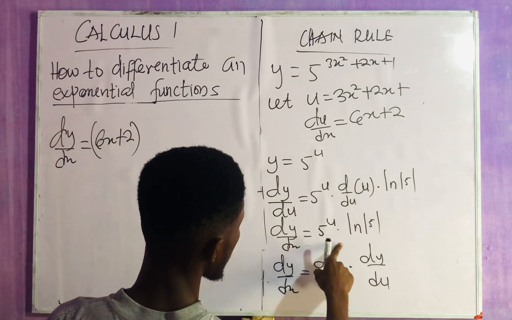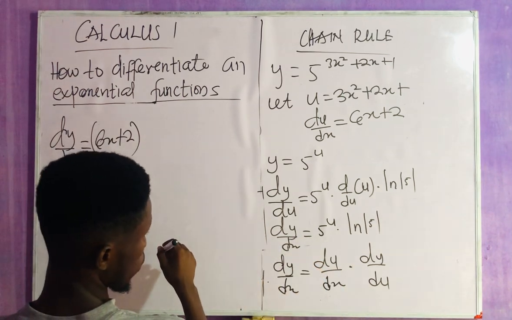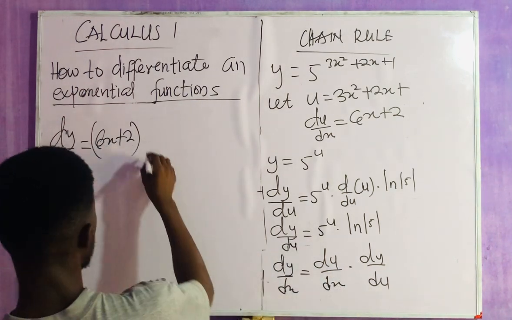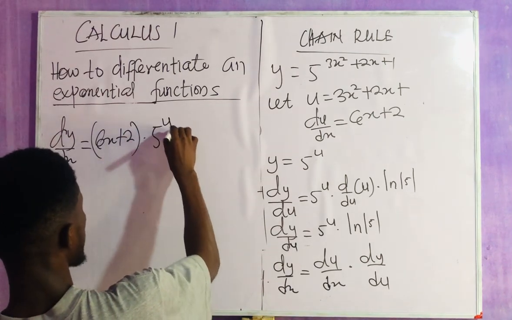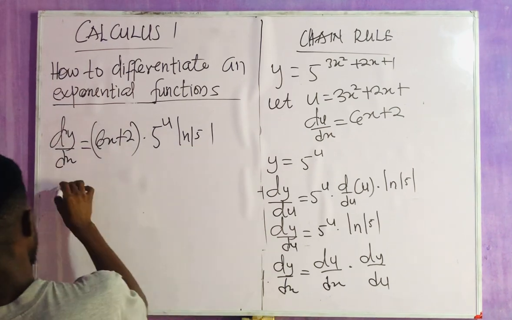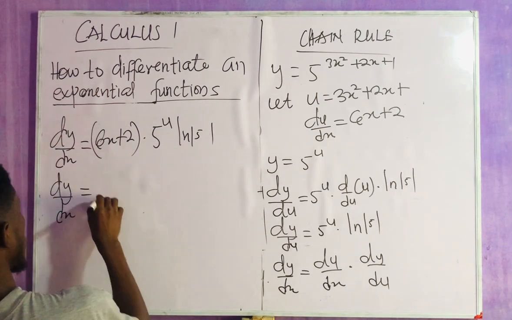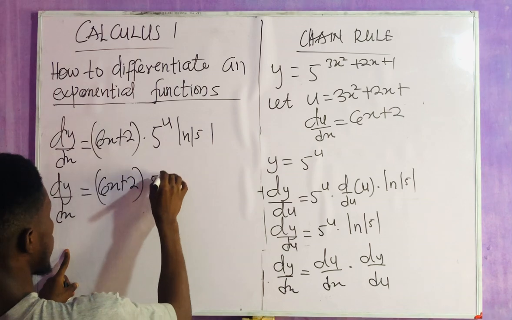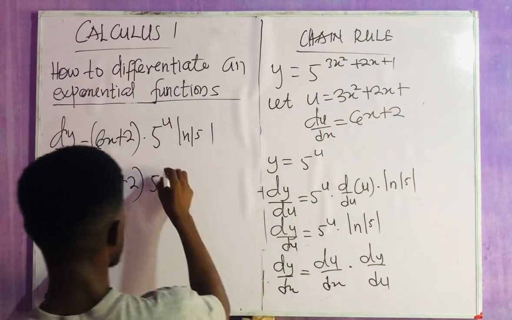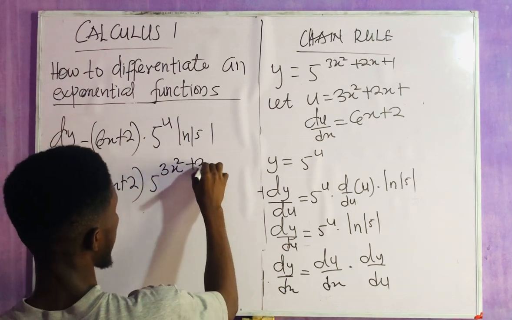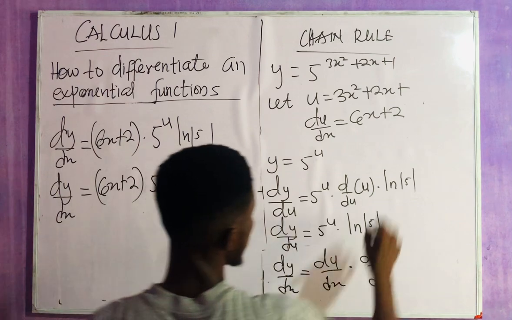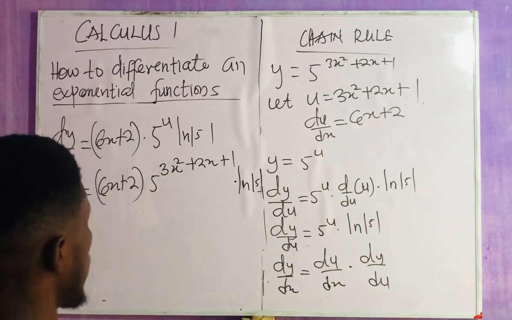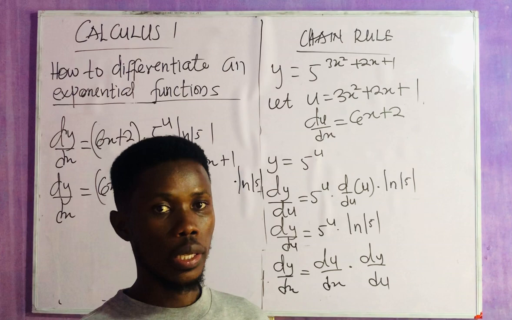Our dy du is 5 to the power u ln 5. So dy dx will be 6x plus 2 times 5 to the power u, but our u is equal to 3x squared plus 2x plus 1, times ln of the base. Very good. So this is how we differentiate an exponential function.